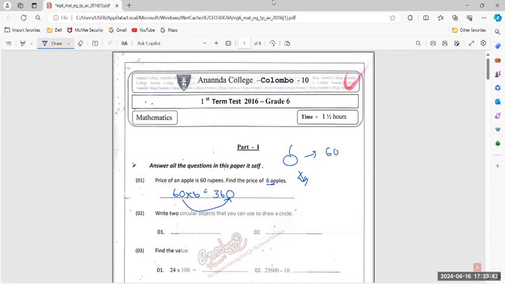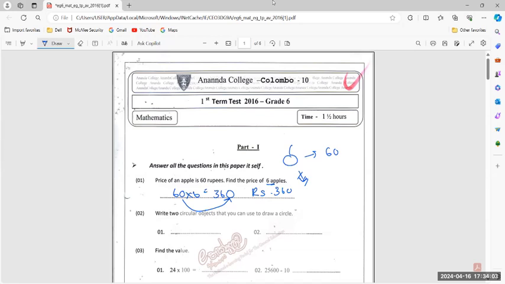But if you write the answer as 360, it is wrong because you have to add rupees as well. So it has to be rupees 360.